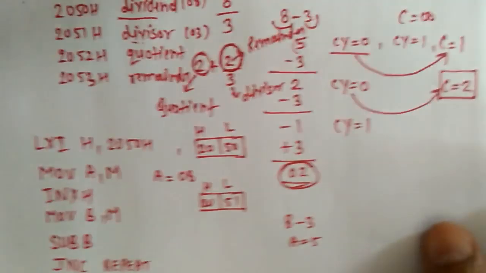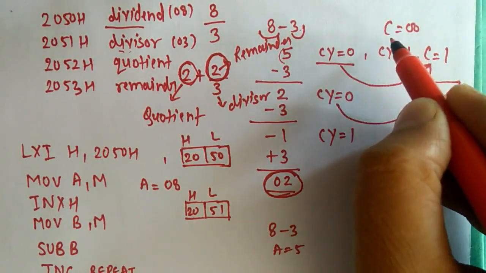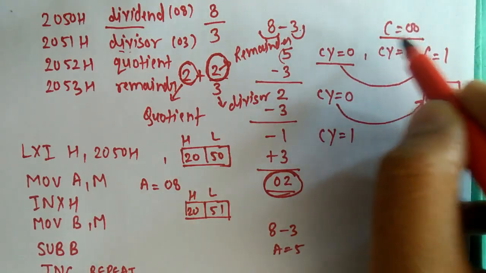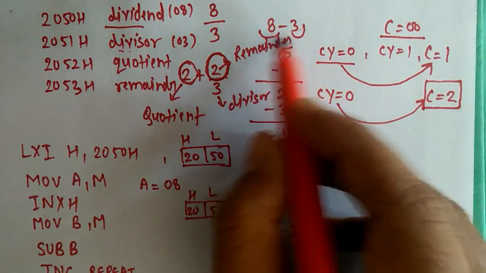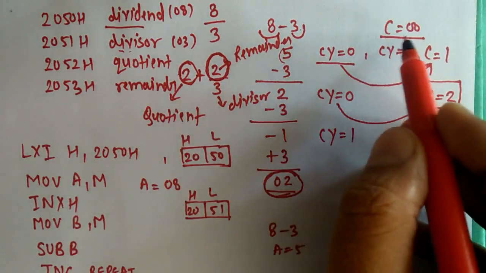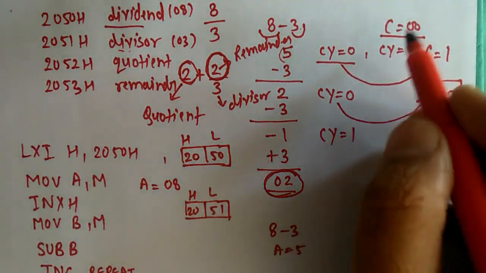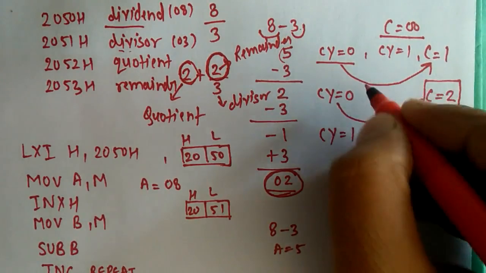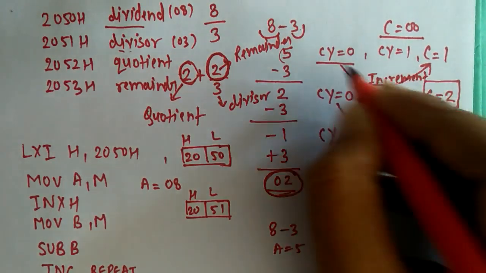Remember I said earlier that we will be taking initial value 00H in register C. So the first time when we are subtracting the value, the content of C must be 00, and on checking for carry, we have to increase that value. That means we have to perform an increment operation after checking that carry is equal to 0.